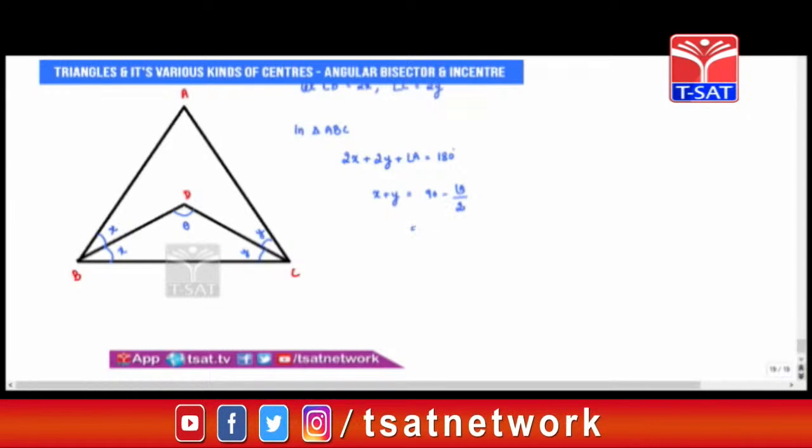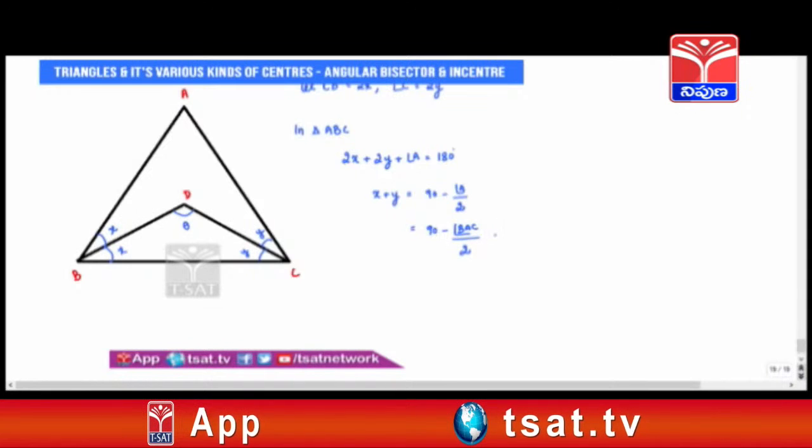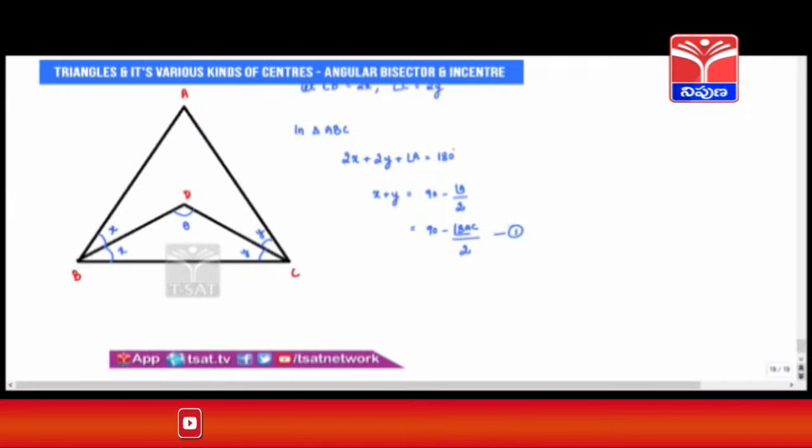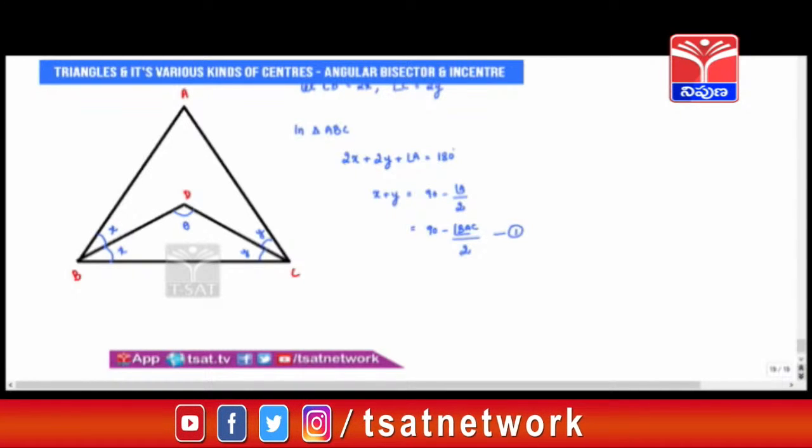This angle A, sometimes you also refer to it as angle BAC. Remember it as equation 1. It is very important in upcoming derivations. Remember that x plus y is equal to 90 minus angle A by 2, or else angle BAC by 2. Both of them are the same here.